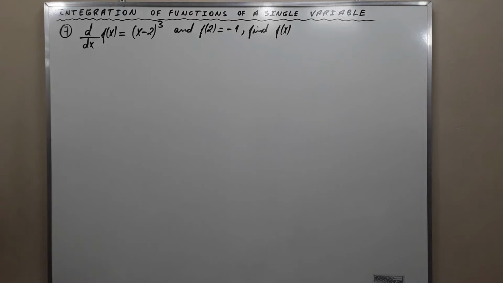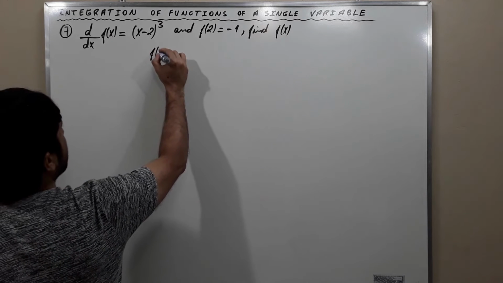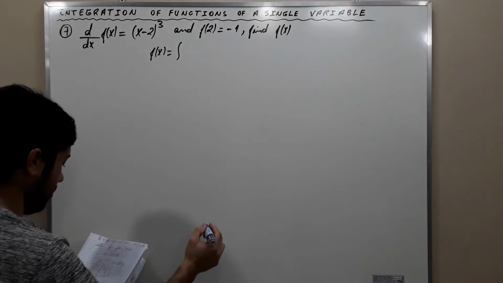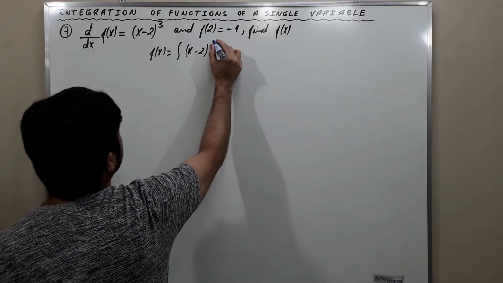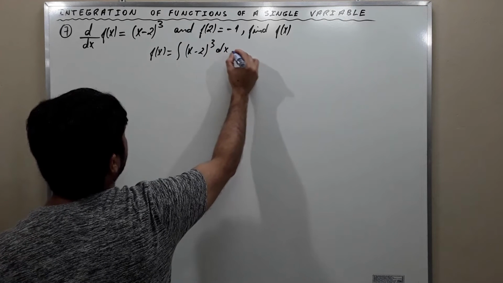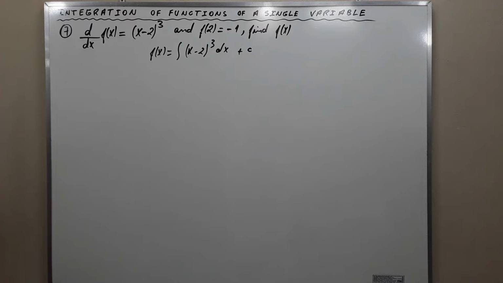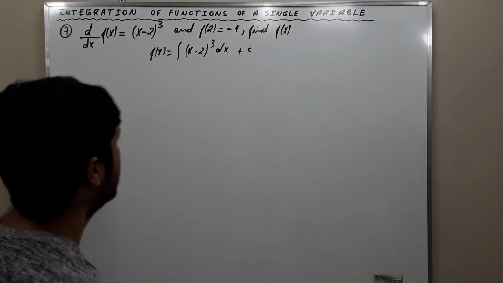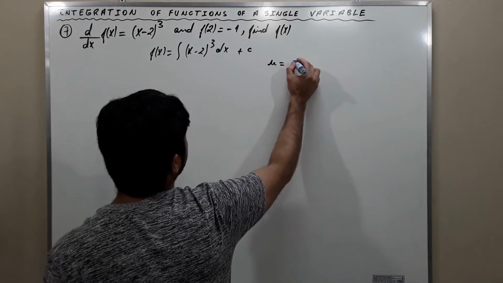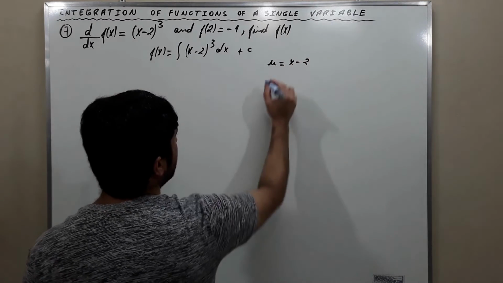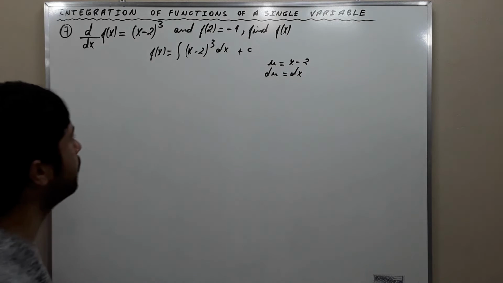The solution is going to be f of x is equal to the integral of x minus 2 cubed dx plus a constant of integration here. And to calculate this, we are going to use u-substitution, where u is equal to x minus 2 and du is equal to dx. Alright?